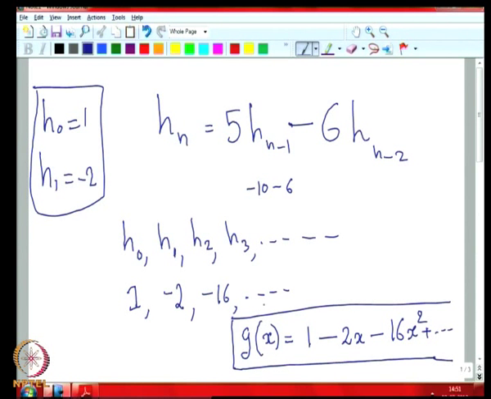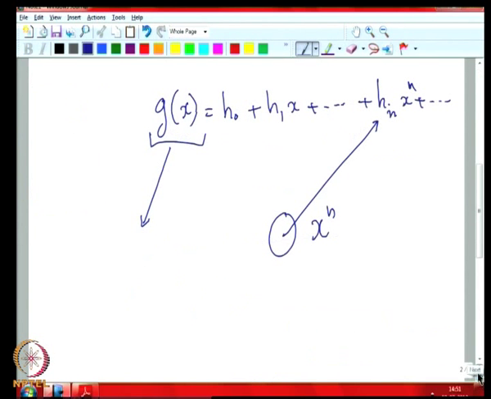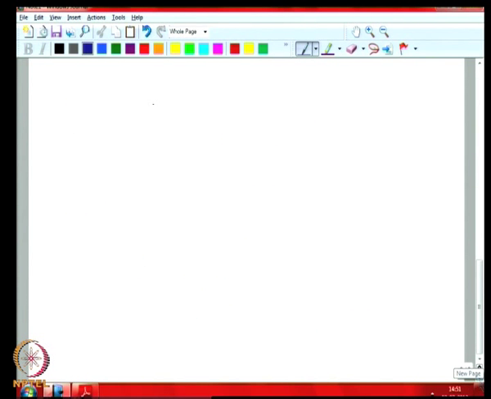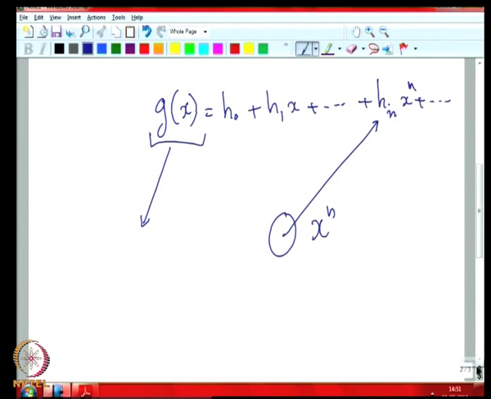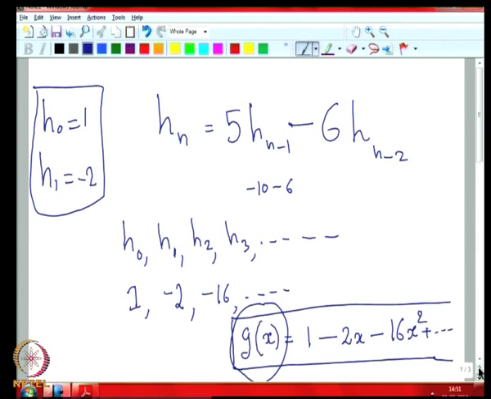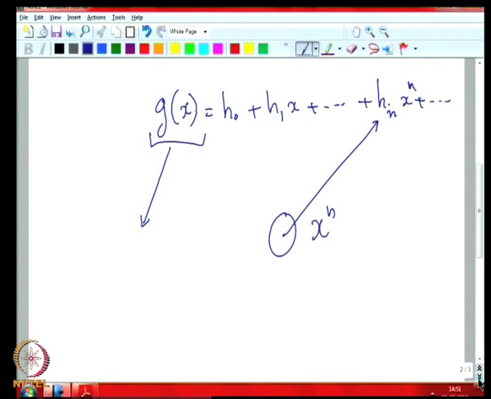Now, our task is first to get g of x. So here we start by writing the formula Hn equal to 5 Hn minus 1 minus 6 Hn minus 2 in a more convenient form.